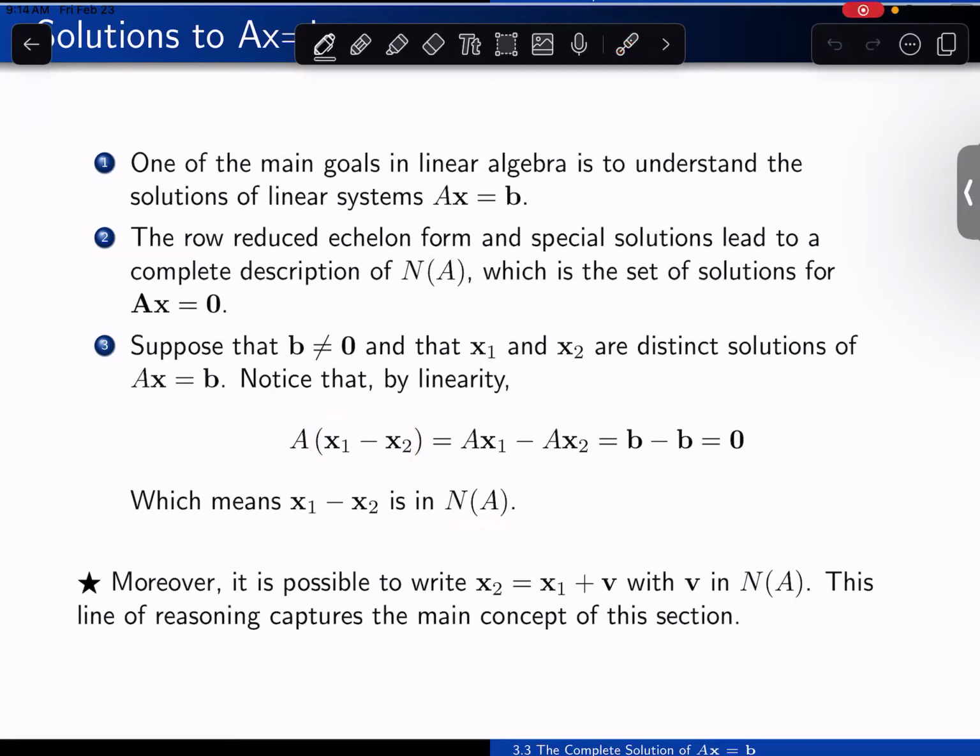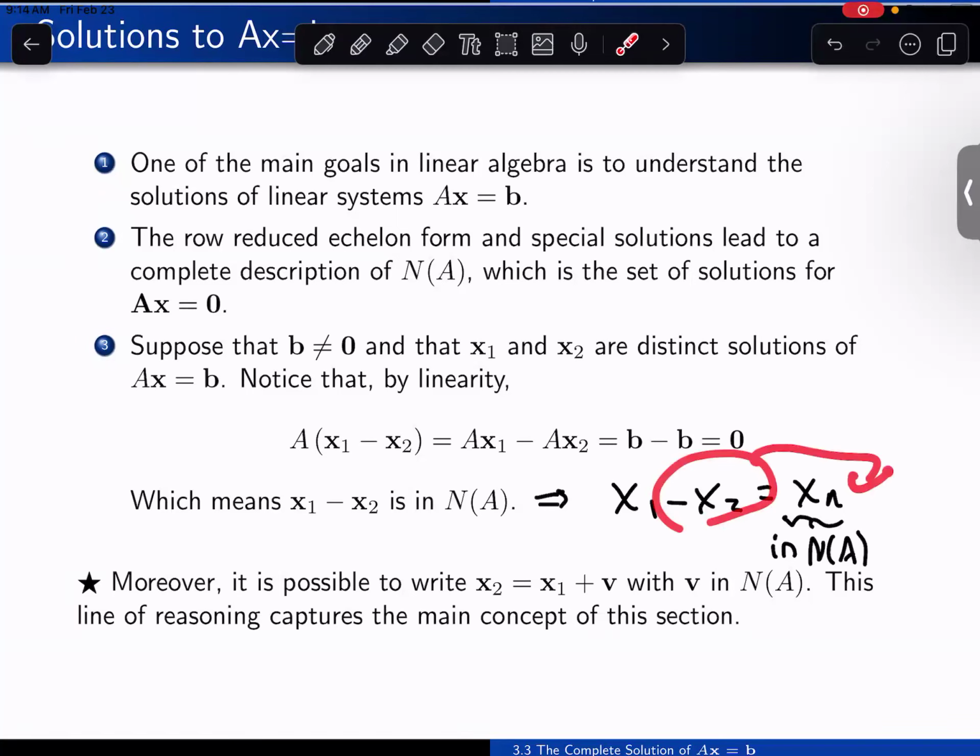So this is really saying that x1 minus x2 is equal to some vector xn, where xn is an element in the null space of A. What this means is that if you add x2 over to the right hand side, you can express x1 as a sum of a solution, x2, plus some vector in the null space.